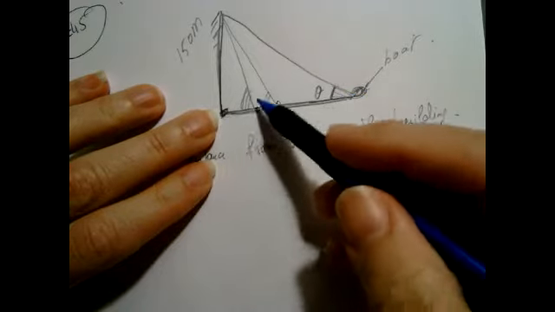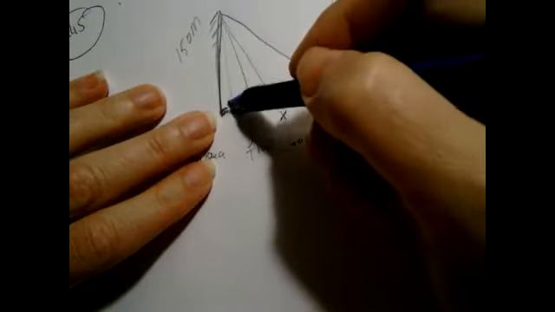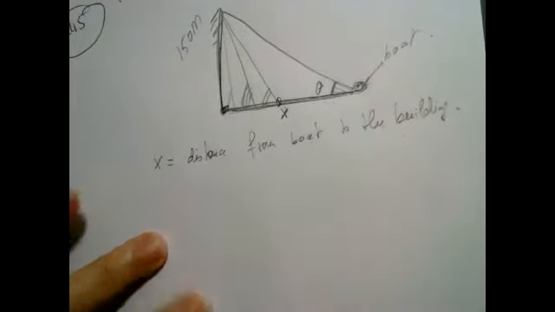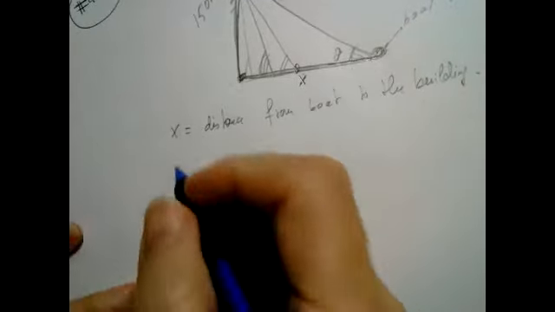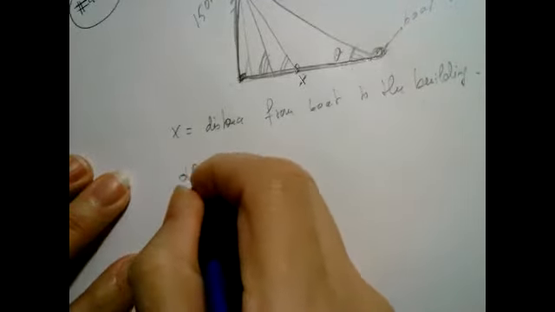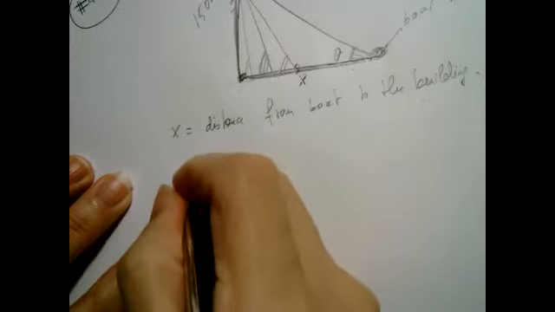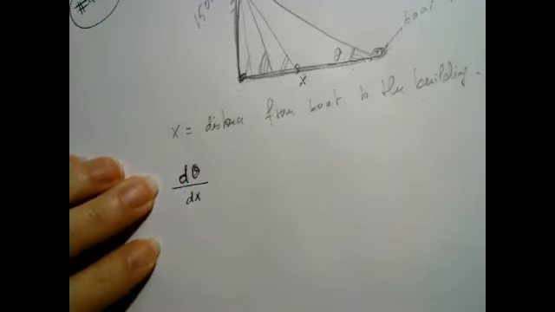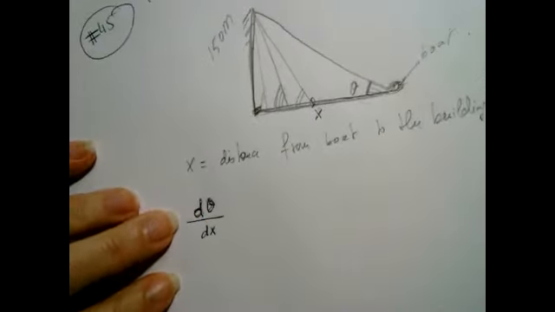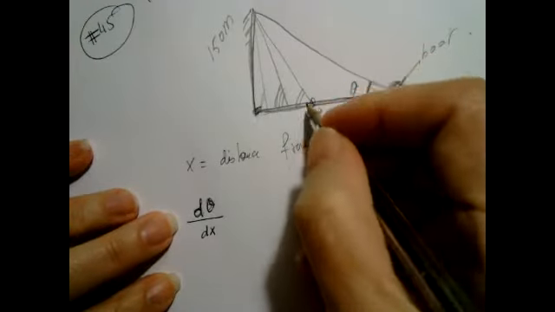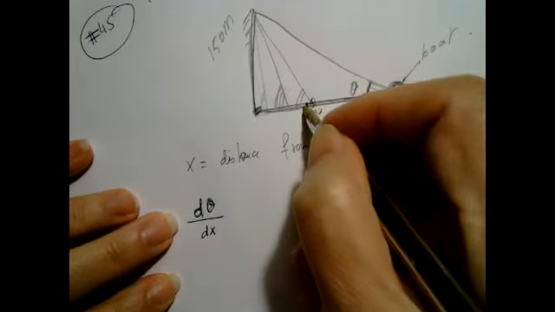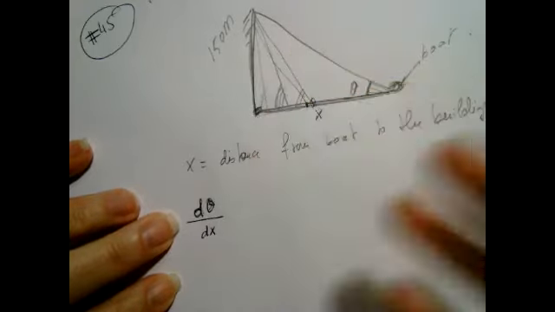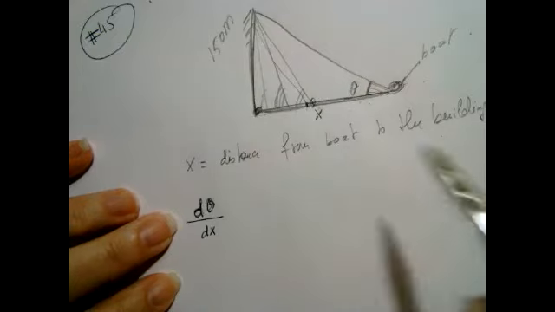The closer we get, the angle increases. And the question is to find d theta dx: how fast is the angle changing with the distance? If I move a tiny bit, theta increases, and how fast is it increasing per change of x?